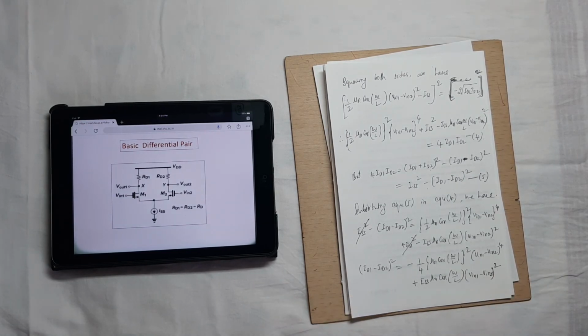We have to just do the mathematical simplification to arrive at the final expression.